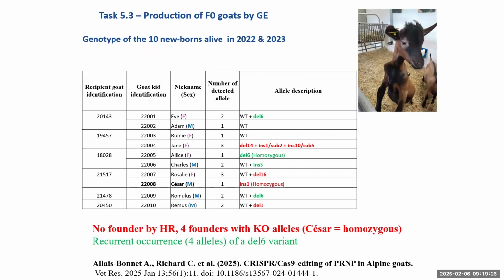And we are trying to develop 2 goat lines, one from Caesar with the insertion and one with the del6 mutant, because perhaps this small deletion could change the resistance or the sensitivity of the goat to prion disease.